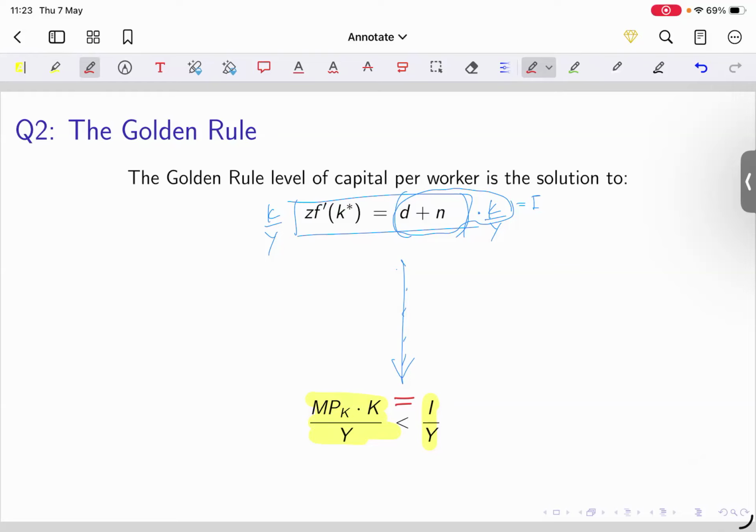Instead, we are in a situation where the investment is greater than its optimal level, which means I am overinvesting, according to the golden rule. Is this clear?